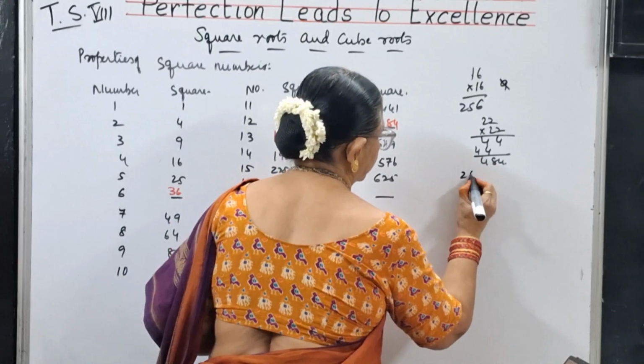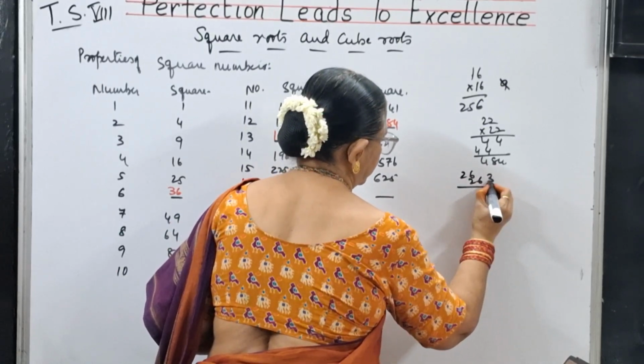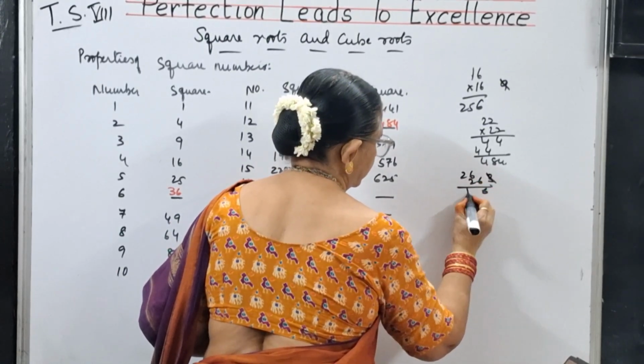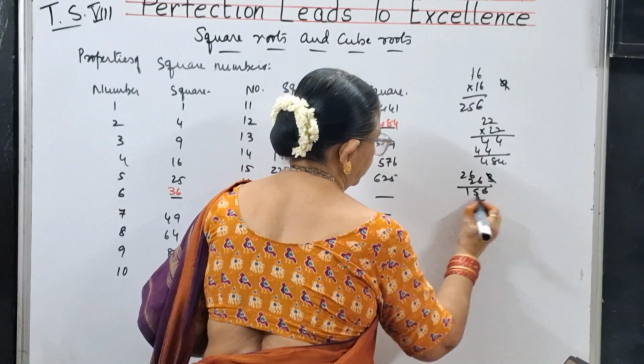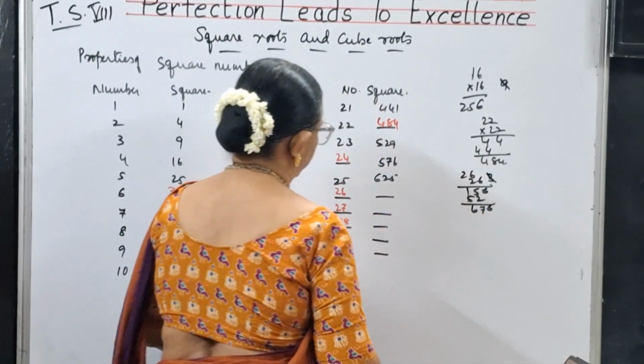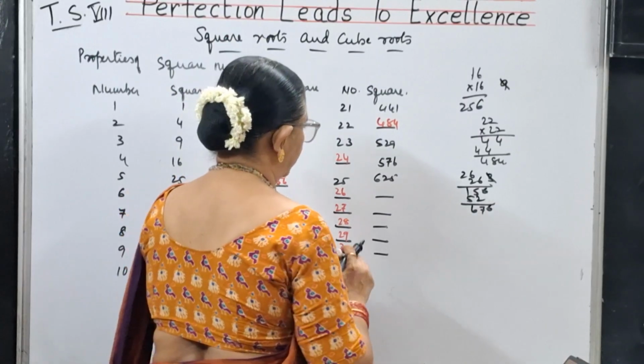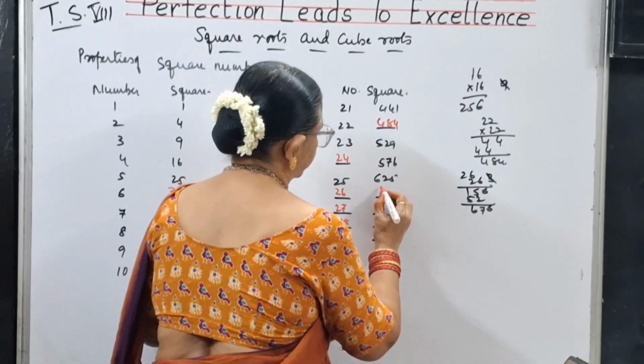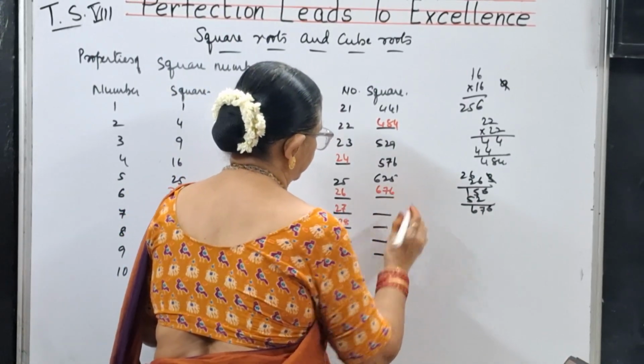26, 26s are 6 6s are 36, 12, 3, 15, 12, 2 2s are 4, 1, 5, 6, 7, 6. So 26, 26s are 676.